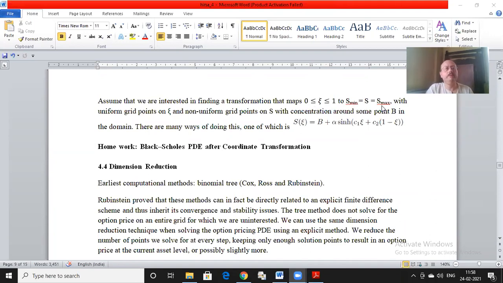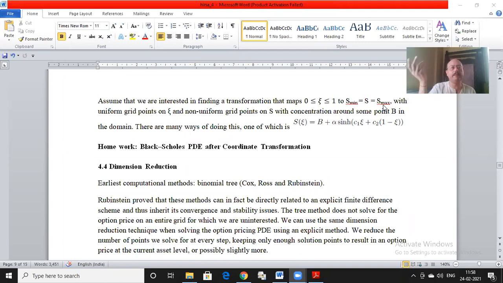The way is that the uniformity will be on the xi line, in the xi space, but it will not remain uniform on the S line. So the function will be such that uniform spacing on the xi line, the 0 to 1 line, will get translated into non-uniform spacing on the S line. That's what we wanted, right?